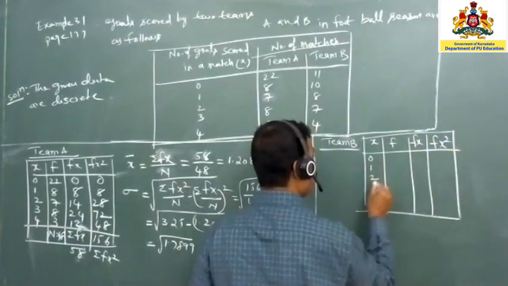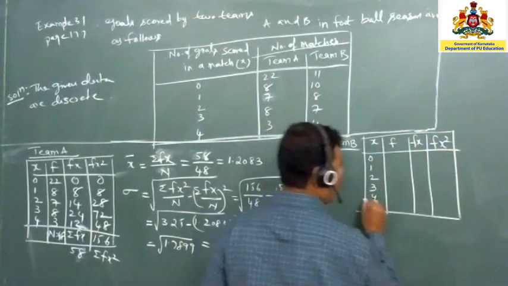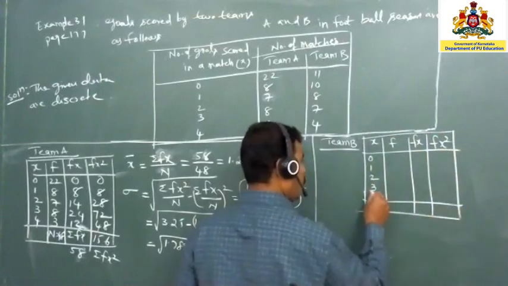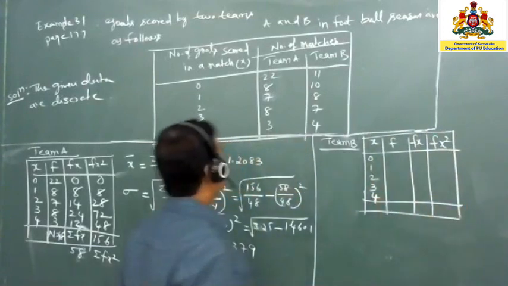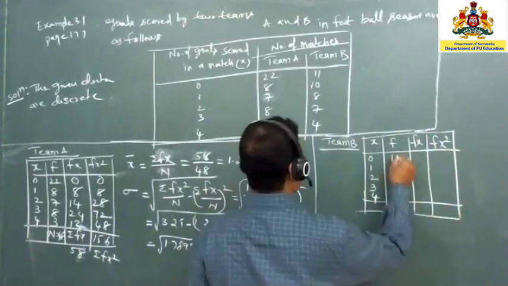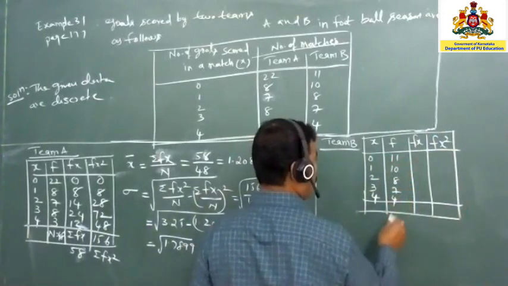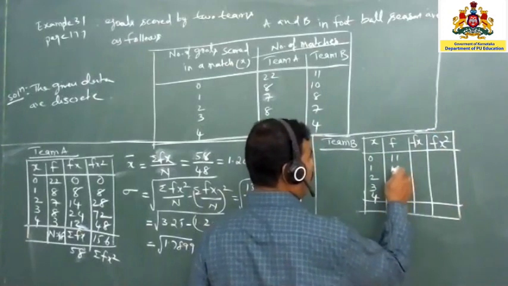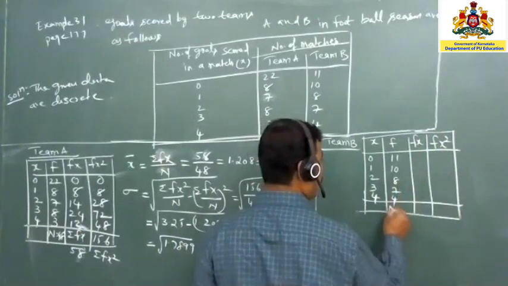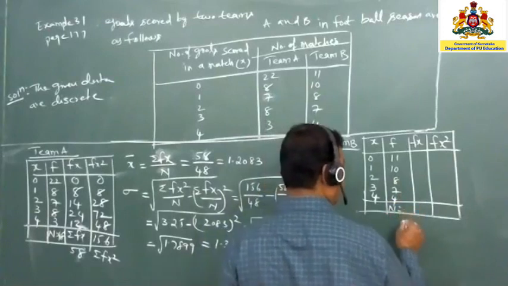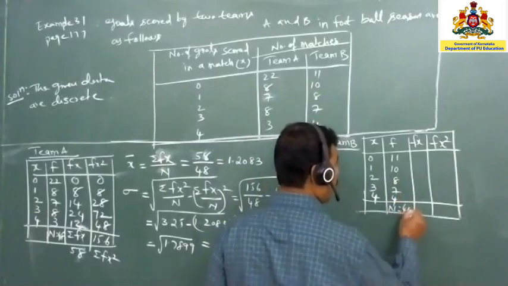X is 0, 1, 2, 3, 4; matches 11, 10, 8, 7, 4. Totals 11, 21, 29, 36, 40, so N equals 40.